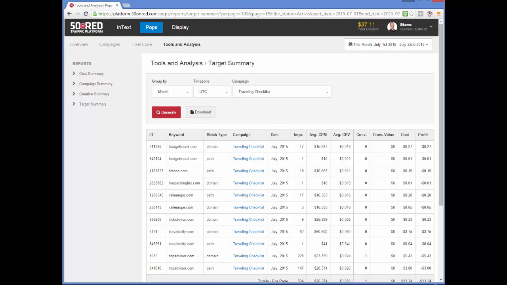So there's a lot of options here within the reports. If you're using 50onRed, go in there, play with it a bit. It's the best way to find out how it all works, is simply by experimenting. And otherwise, that concludes our look at 50onRed and its analysis.